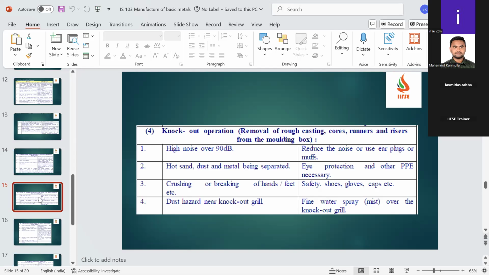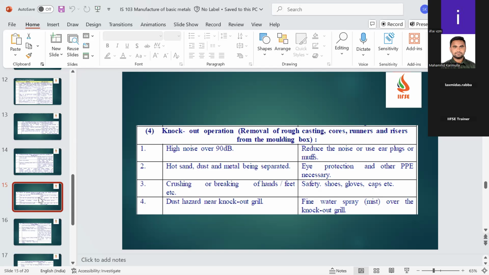The noise is 90 dB, more than 90 dB as well. Reduce the noise or use earplugs or muffs. Hard sand, dust, and metals being separated, so eye protection and other PPEs are necessary. Even though the metal is hardened, the adjacent sand will have absorbed certain temperatures. It will be hot, so we should have the necessary PPE to avoid burns.